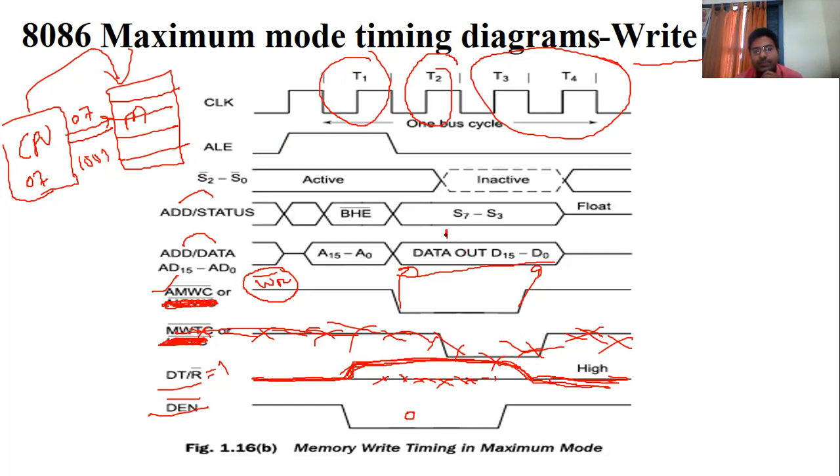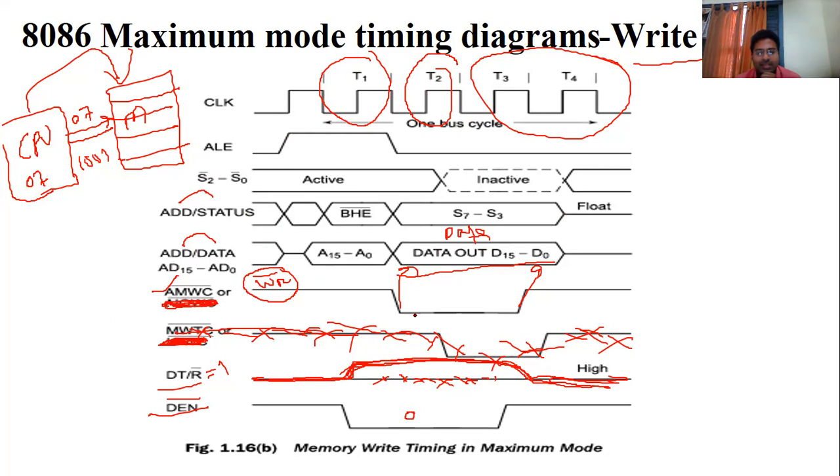At T1, the microprocessor identifies the address location of that memory. Once that address location is available, the address bus is converted to the data bus.